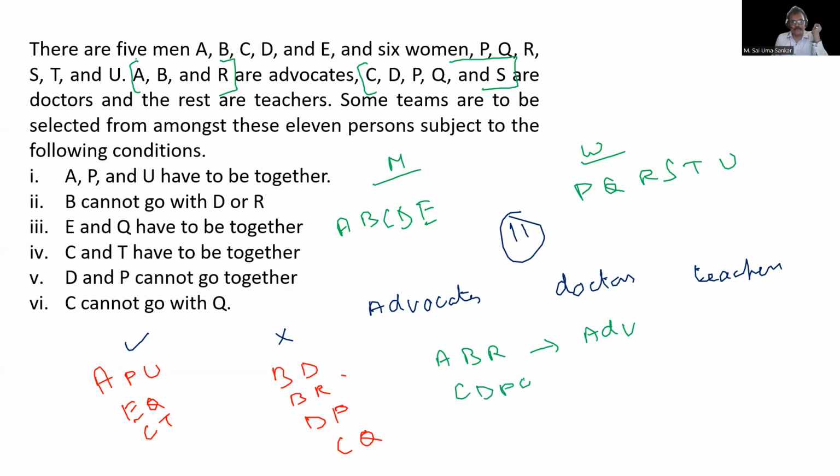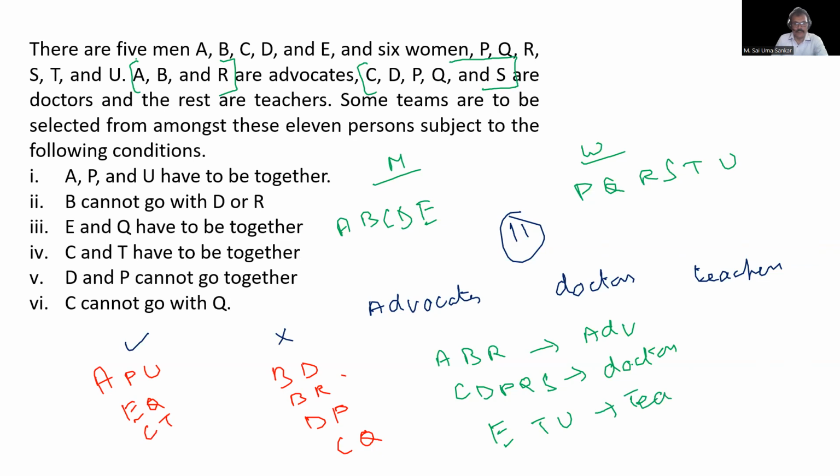A, B over, C, D over, what about E? Here 3 plus 5, 8 members are over, and 5 plus 6 is 11 members. E and P, Q, R, S, T, U, these are all the teachers.